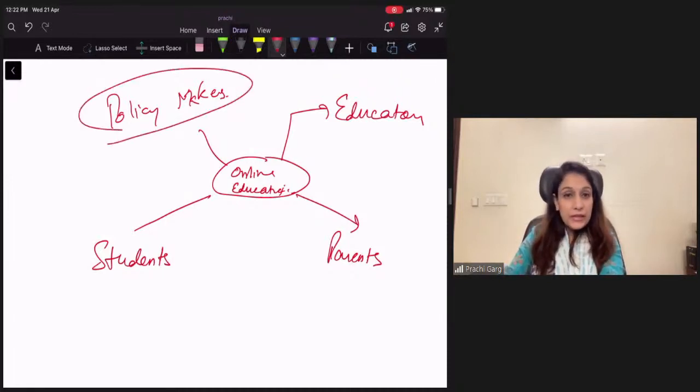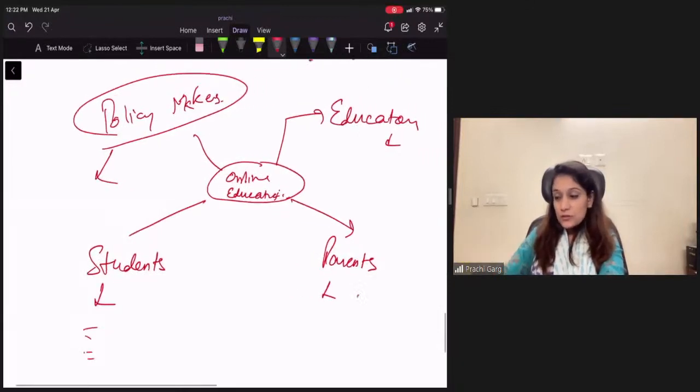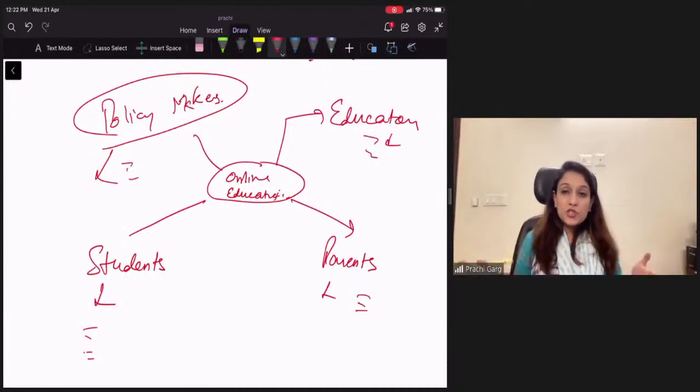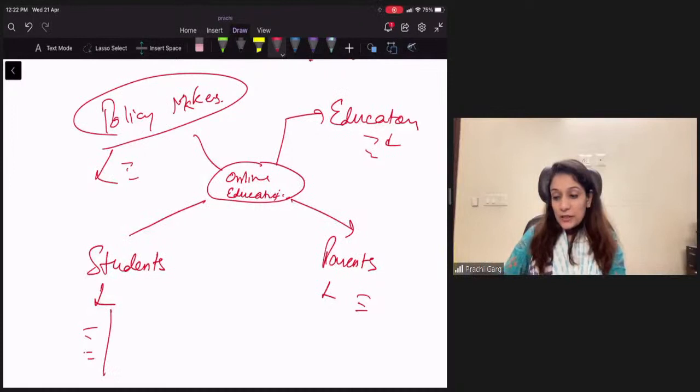Right? Now, what is the thought process of policymakers? Policymakers are basically helpless because of the pandemic situation. How are educators feeling? How are parents feeling? How are students feeling? So I have to make the notes here. And this is how I will organize my information. Students, not every child can cope up with online education.